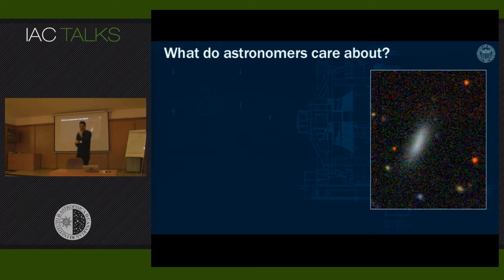So I'm going to ask the audience here, because I think most of us are astronomers, what do astronomers care about in an image? So here's just an example of an image. Anyone want to venture a guess? Flux. The flux. What else do we want to know? Positions.